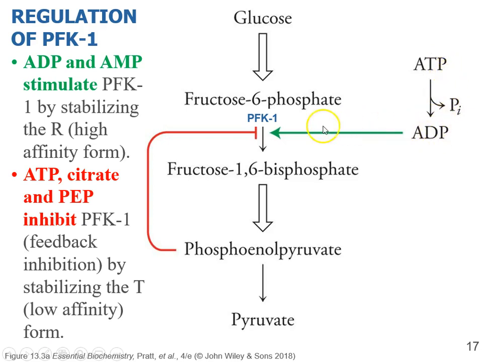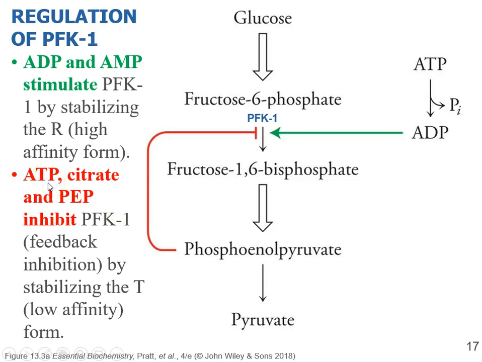So ADP is going to act as an allosteric activator of PFK1. ADP concentration being high lets us know that the glycolytic pathway, which produces ATP, is needed. Phosphoenolpyruvate is a feedback inhibitor, so that will inhibit PFK1. It's not shown here, but ATP and citrate also inhibit PFK1.